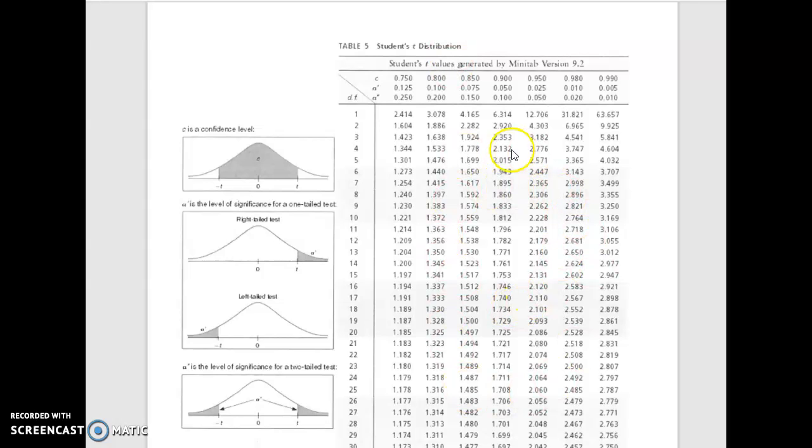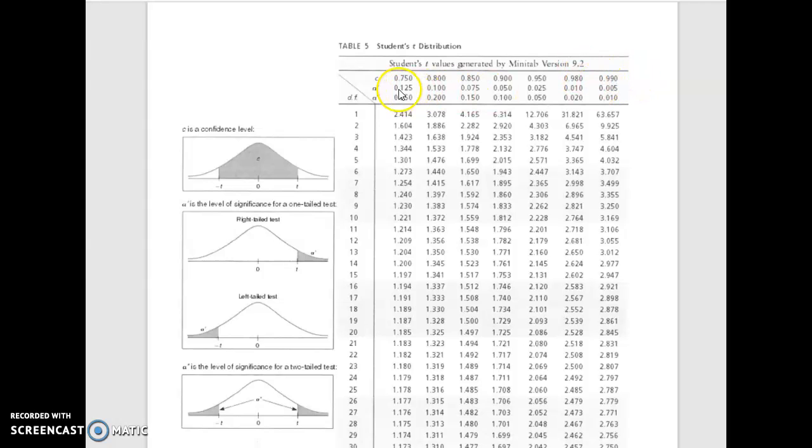These are different T critical values that you could potentially use. And we're going to be using this elsewhere in the course, but right now, you can look up at the top, it says C. You're going to look up your confidence level here. And then across the side here, you're going to look up your degrees of freedom. So the confidence level will just be given.